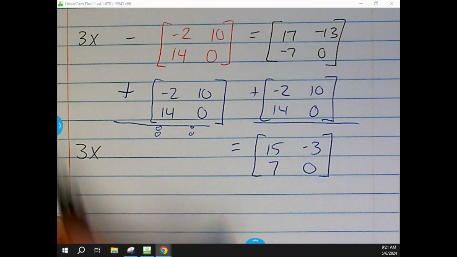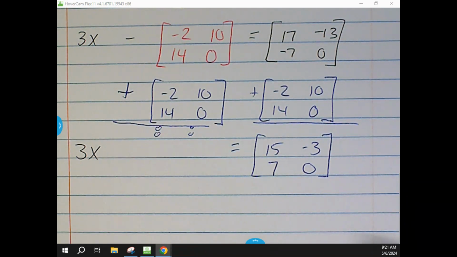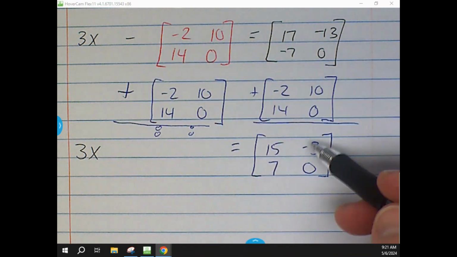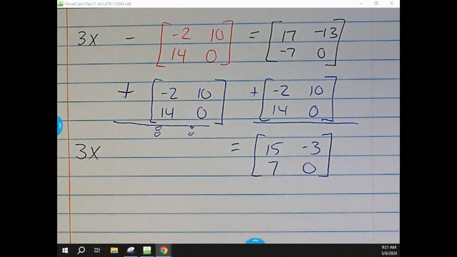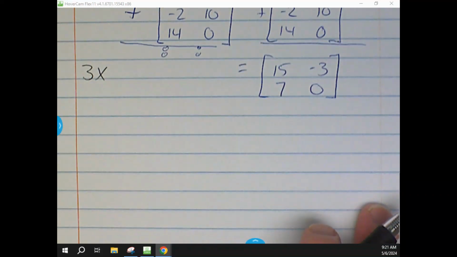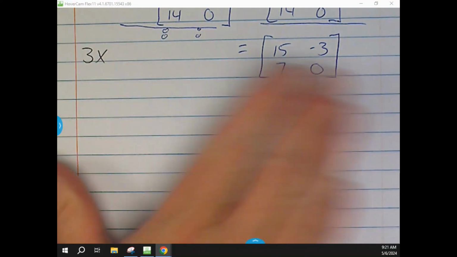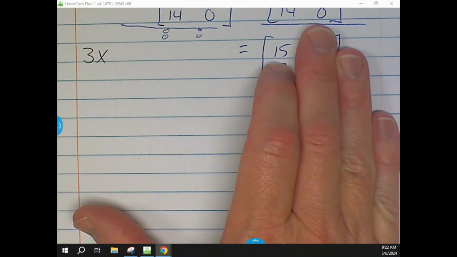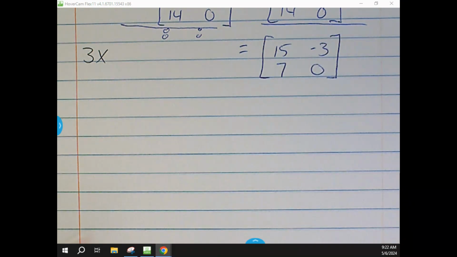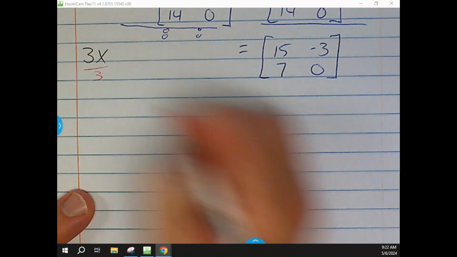Okay, so we had 3x minus this matrix. Just like in a normal situation, if it's 3x minus something, you add that something to both sides so that it cancels out. Now we're left with just 3x. If this was 3x equals 15, what would we do? We would divide everything by 3, right? In this case we do the exact same thing, but instead of just one part, we have all parts.